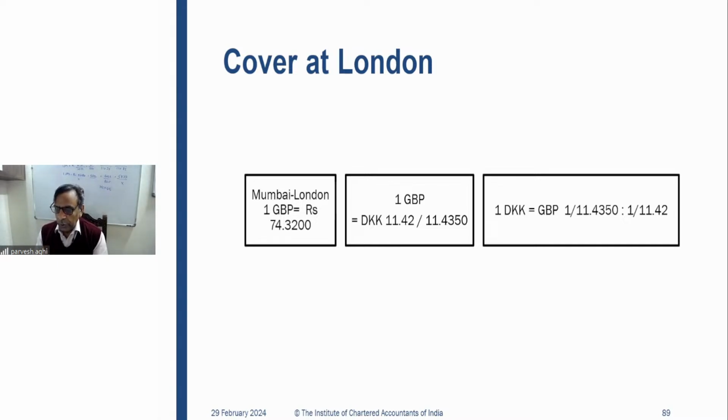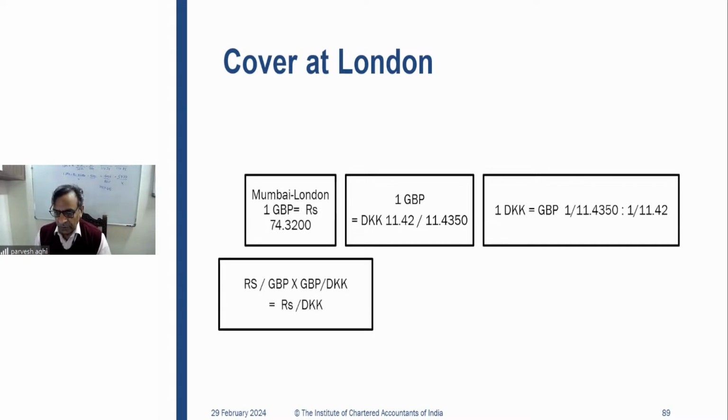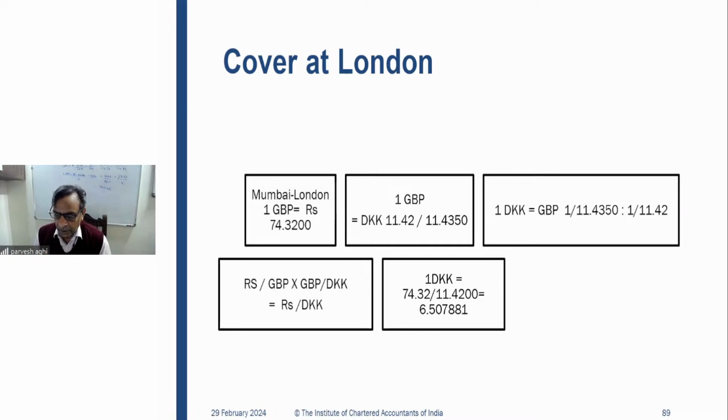Then you're going to use your pounds to buy DKK. But the rate is given for buying pounds, so you convert the rate to buy DKK. So here I've converted, use this formula, and then you'll find that rupee per Great Britain pound into Great Britain pound per DKK, so GB pound will cancel, and will become rupee per DKK. So that means this is the rate for 1 DKK, 1 Danish kroner.